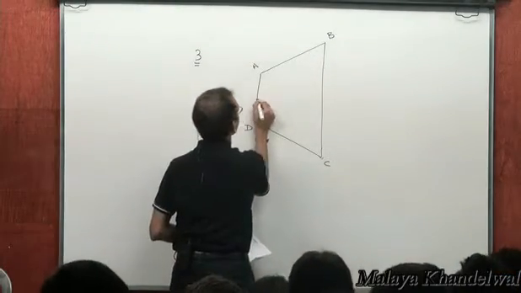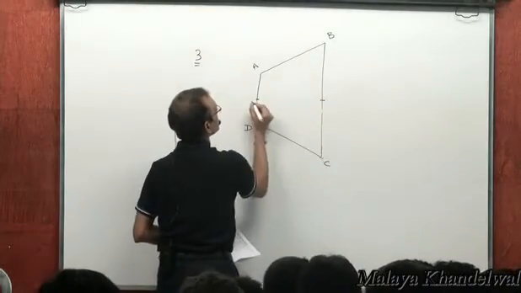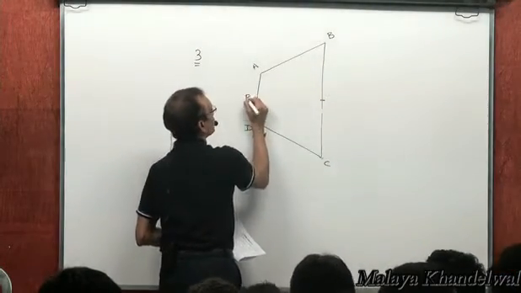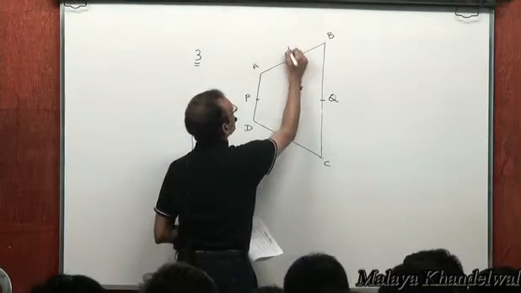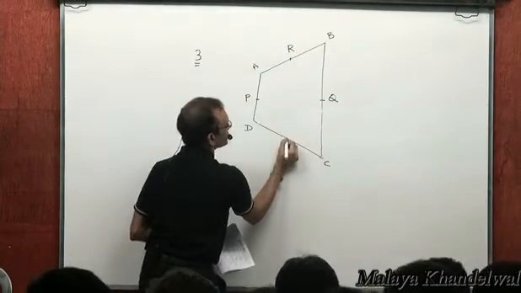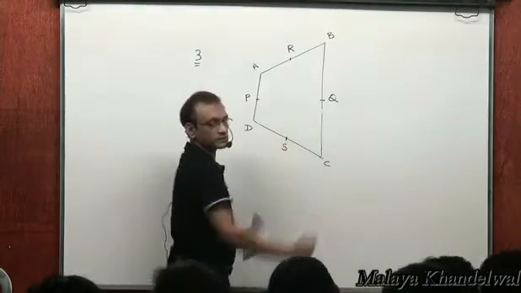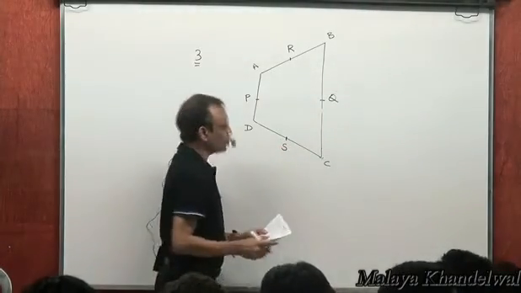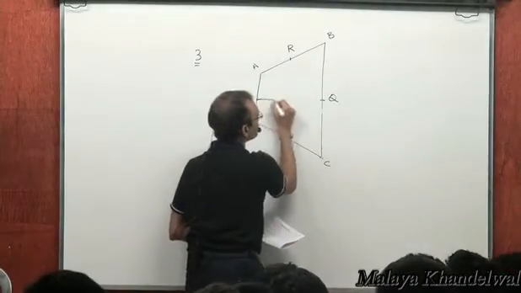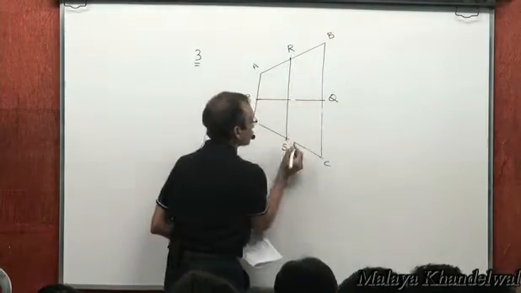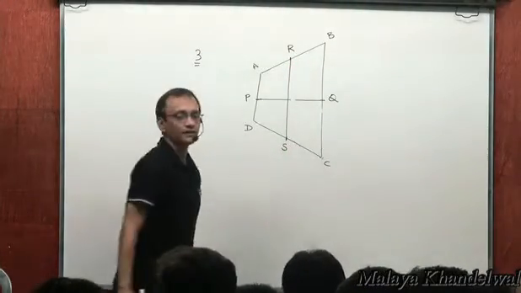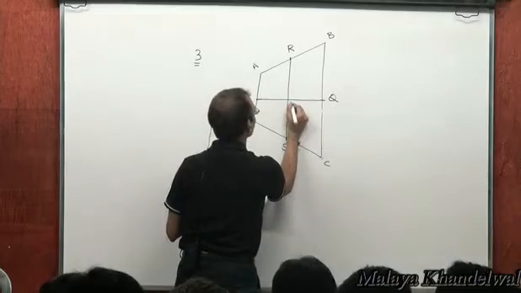Say the midpoint of this side is P, the midpoint of this side is Q, the midpoint of this side is R, and the midpoint of this side is S.